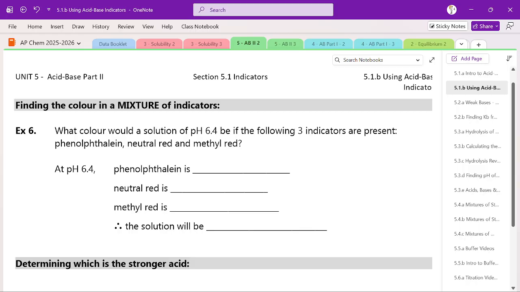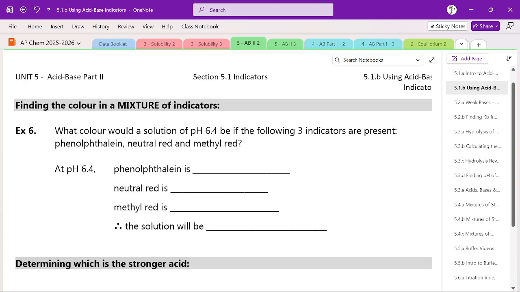And that's what you get by combining them. So you put a whole bunch of them together and you get this combination. This is sort of leading up to that. This is playing around with indicators and seeing what you can figure out from them.